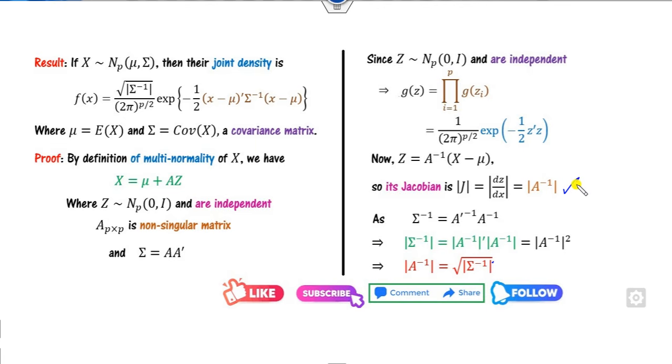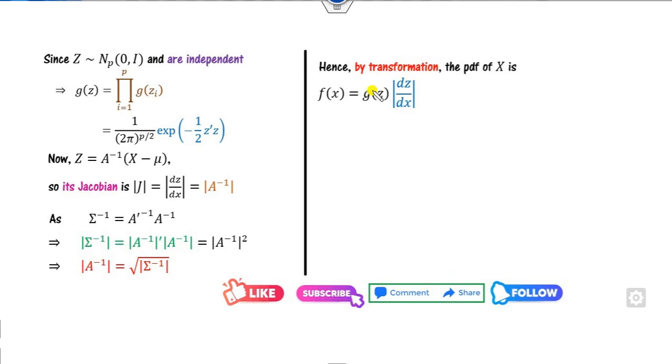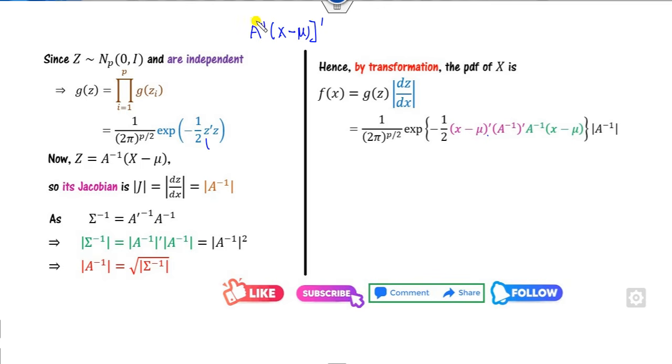Now I can substitute this value in the PDF form. What is g of z? I can substitute the value of z here. Since it is a transpose, I have to write this as a transpose, because this is my z bar. What is z bar? It is A inverse (x minus mu) transpose. Again, I can use the same property: (AB) transpose will be B transpose A transpose. So it will be (x minus mu) transpose A inverse transpose.